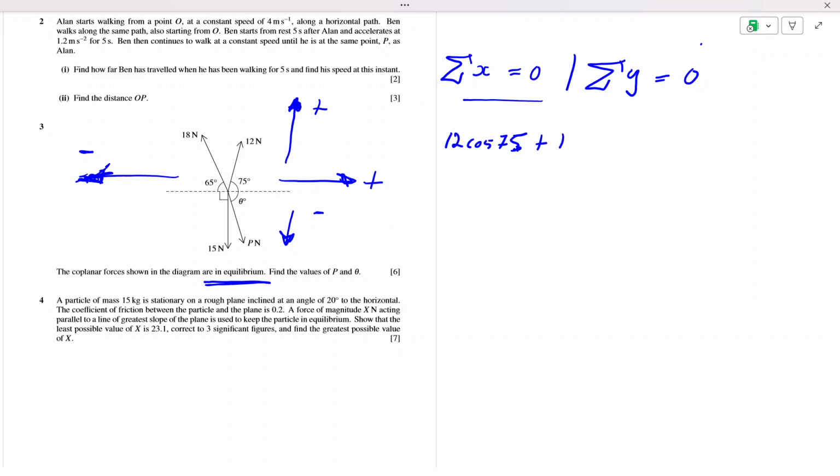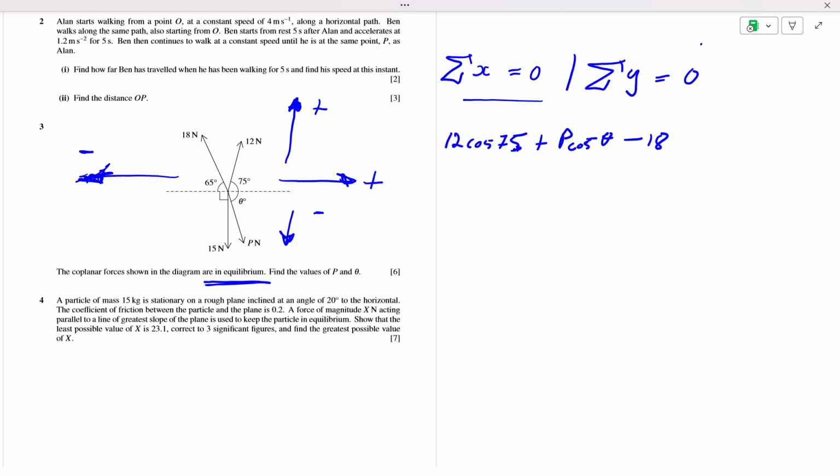When I do that, it's going to be P cos theta, right? Minus, I'll resolve the 18 Newton force. I'm going to say minus now because it's in the opposite direction.